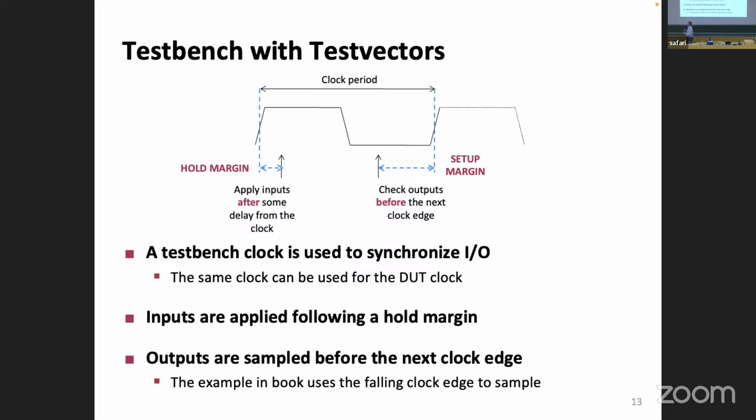Now, notice that when the clock rises, we want to give the inputs a little bit of time afterwards so that I can differentiate between things happening due to what comes from the state and due to what comes from external inputs.